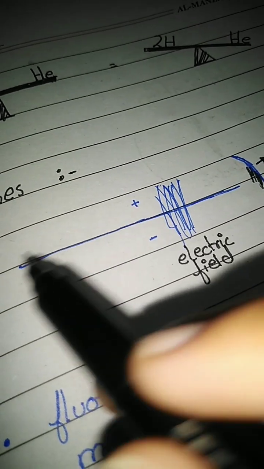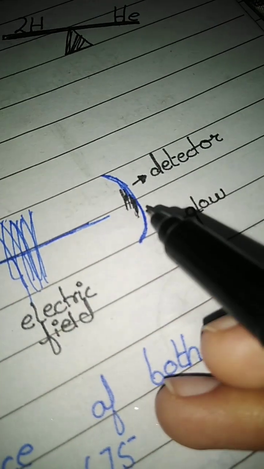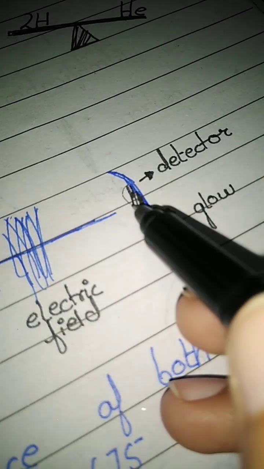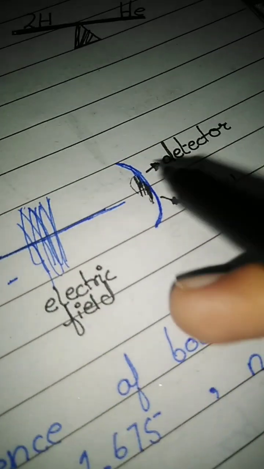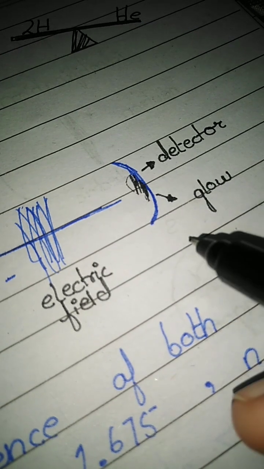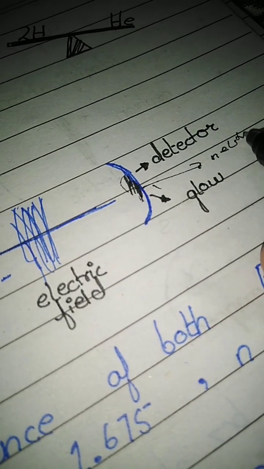But here, the neutron just passes straight out to the detector and gives a fluorescence. The neutron comes here, strikes here, and gives a glow. That glow is known as the neutron.